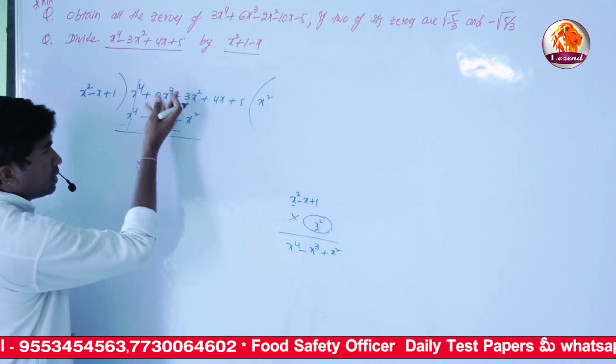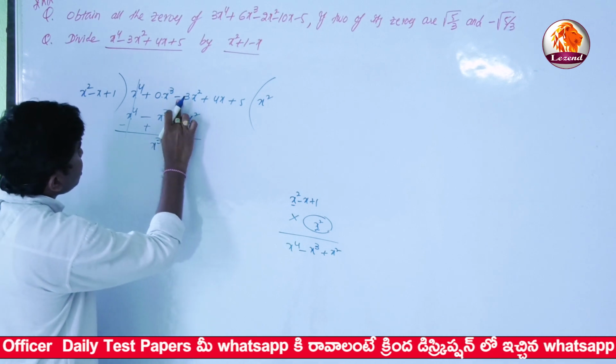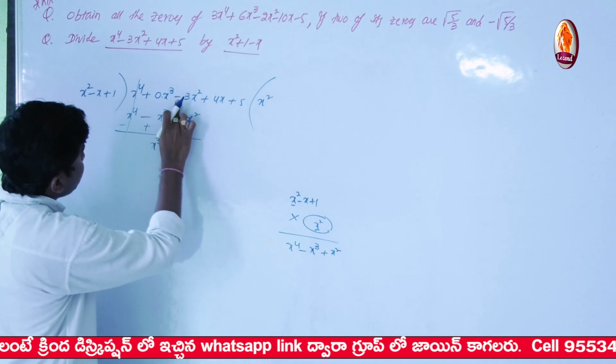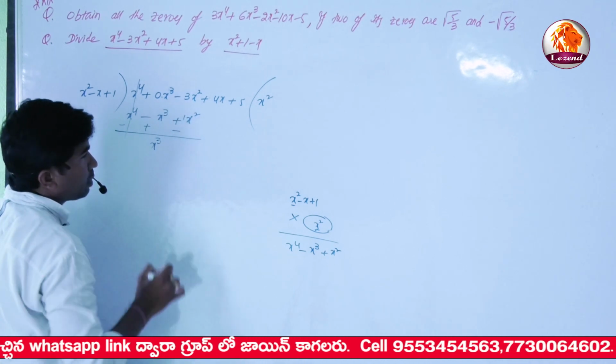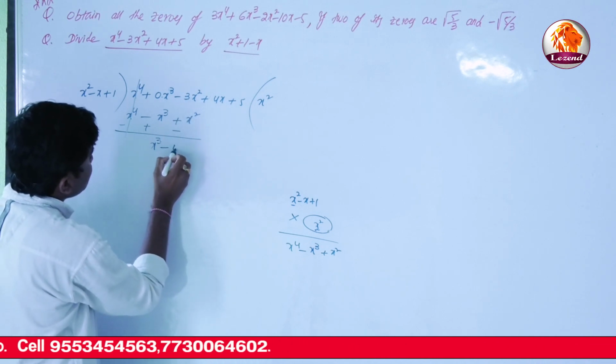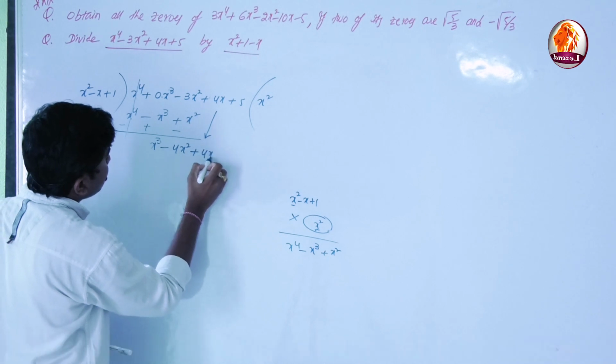Remaining, we have the x cube term, and minus 3x square, already changed, so minus 3 minus 1 is minus 4x square, and the remaining term plus 4x is taken down.